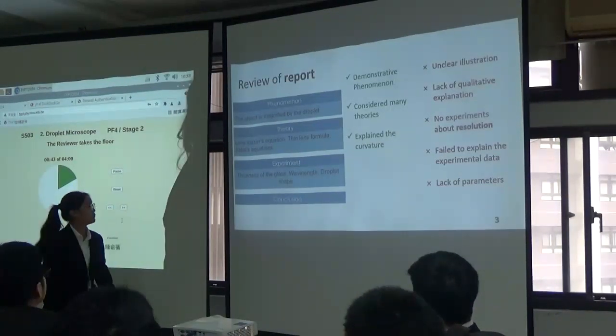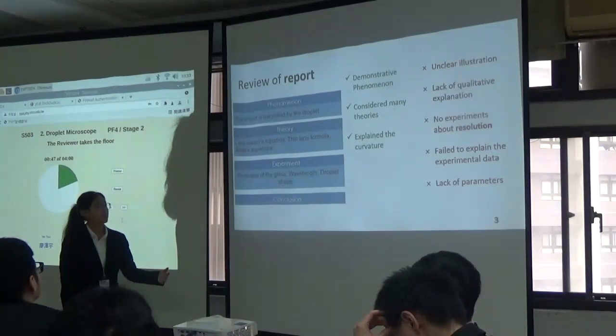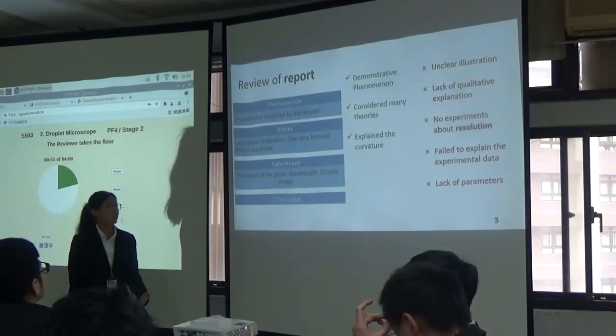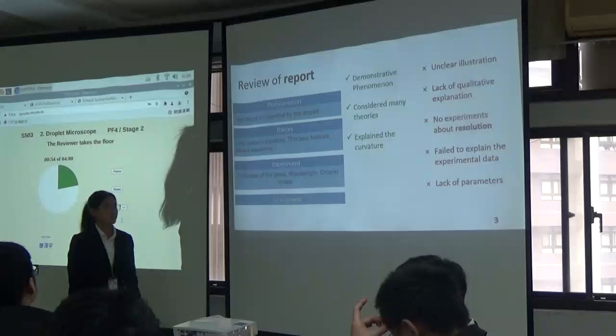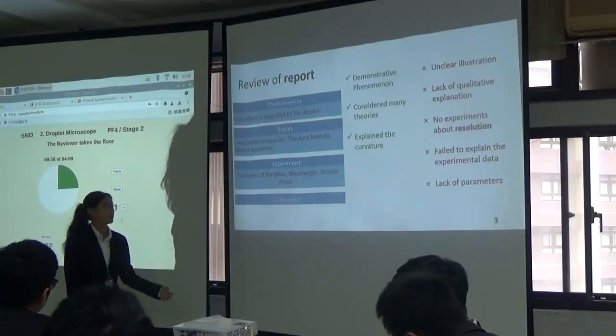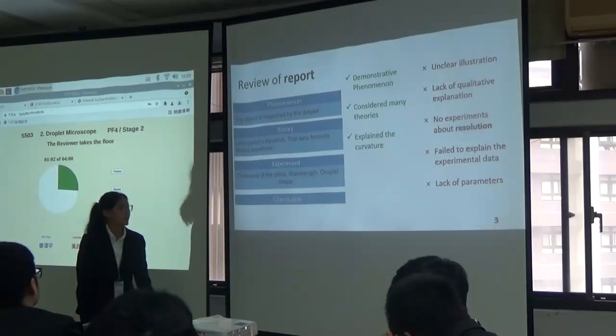For the review of the report, the reporter mentioned the phenomenon is that the object is magnified by the droplets, and he used the lensmaker's equation, the thin lens formula, and Abbe's equation as his theory. He has 3 different parameters in his experimental part, which are the thickness of the glass, wavelength, and the droplet shape.